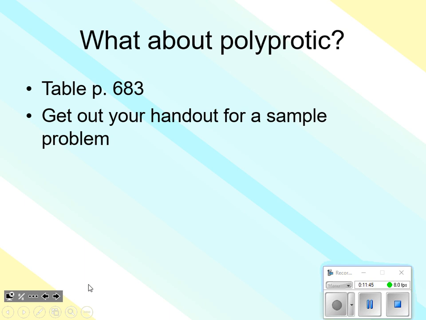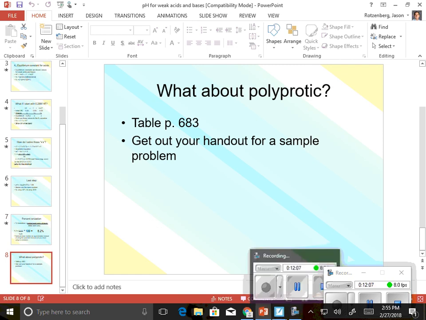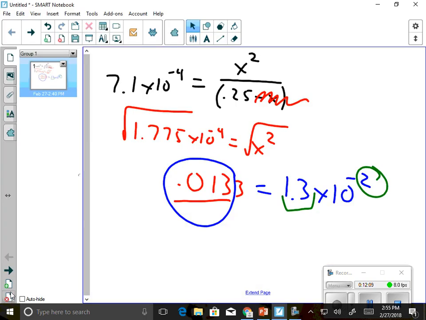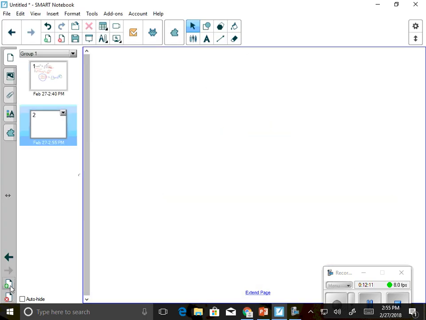On the handout that you're about to work on, the very last question, question number 4, is an example of this. And what would happen is you have to take it part at a time, where each loss of a hydrogen has its own K value associated with it. So the first loss of hydrogen would have a K value versus the second one. Quickly explaining that before you have time to practice.